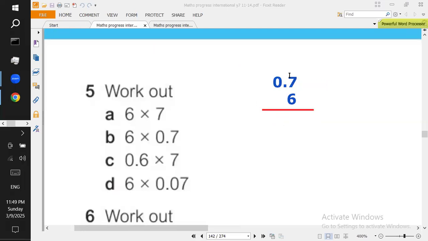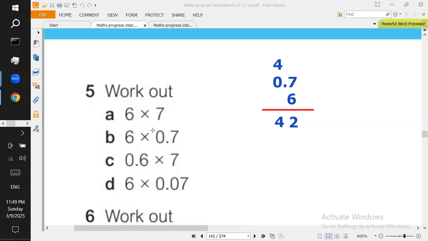Now let's do the multiplying steps. So 6 times 7 will be what? It will be 42. So we have 2 here and the 4 here. And then 6 times 0 is going to be 0, plus 4 is going to be 4. Now we have 4 and 2. Now we need to know where the decimal point goes. How do you know the place of the decimal point?